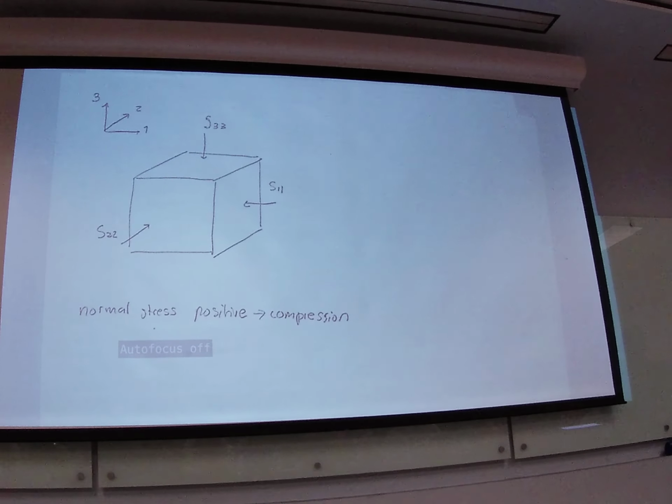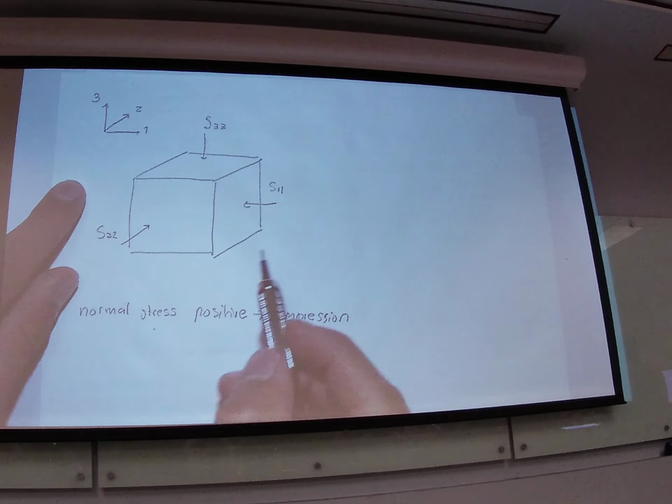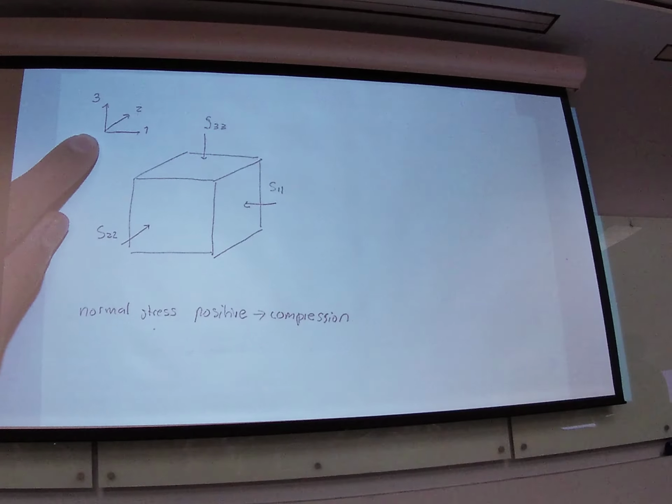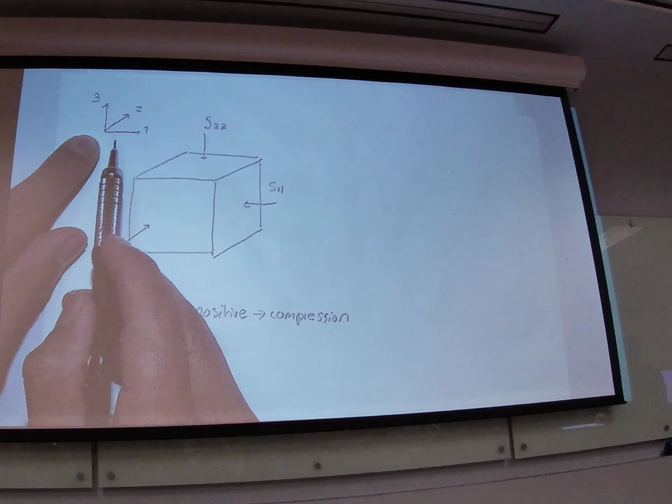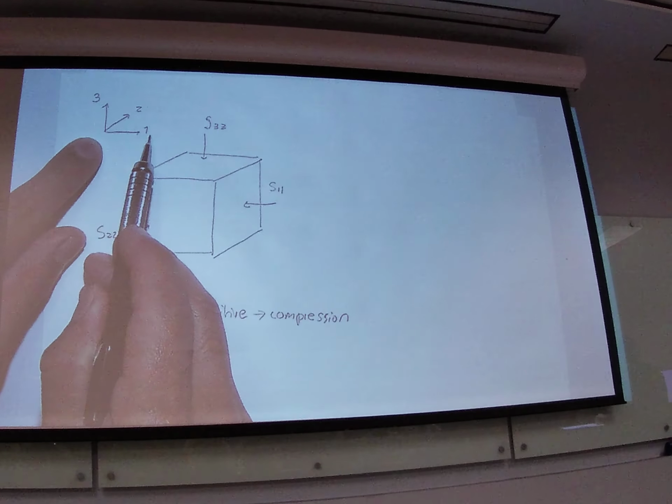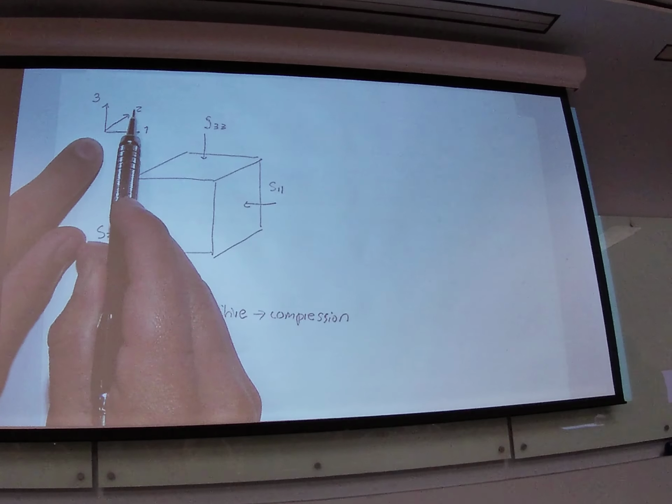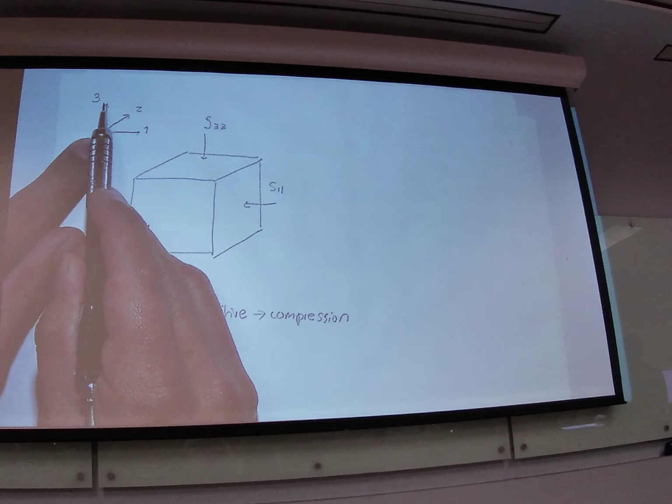But it's going to be a little bit more difficult with the shear stresses. So before we go to the shear stresses, let me tell you this rule. This is our coordinate system, right? If we want to move in positive direction, we'll go in this direction along 1, in this direction along 2, or in this direction along 3.